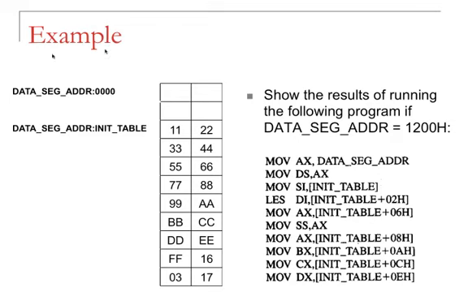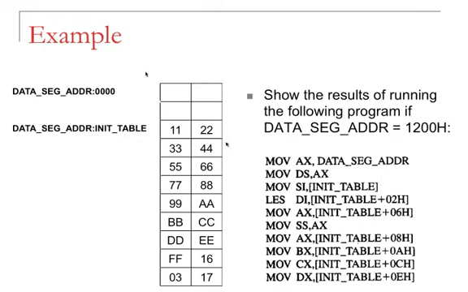So without knowing the actual value of DATA_SEG_ADDR, we know that this 16-bit number is the segment address. And this INIT_TABLE is similarly a constant number, another 16-bit value, and that is the effective address.